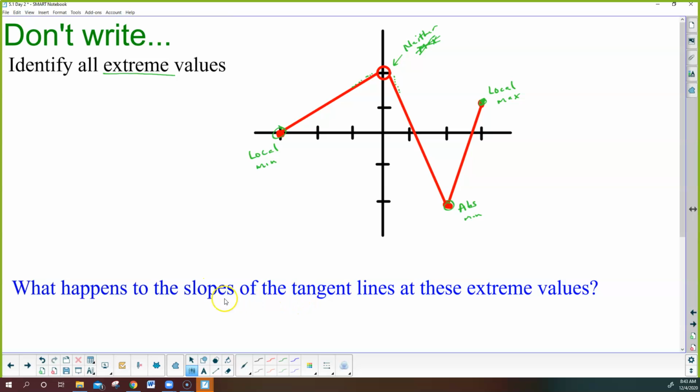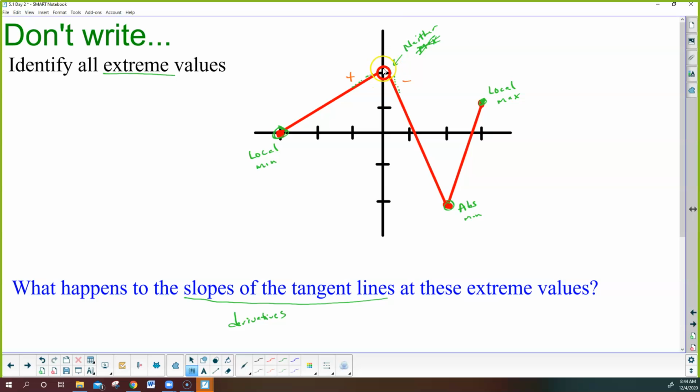So think of this. What about the slopes of the tangent lines at these values here, here, even here? Well, another way to say that is the derivatives. What is true about the derivatives at every single point? They don't exist, because the slope on the right is not equal to the slope on the left.